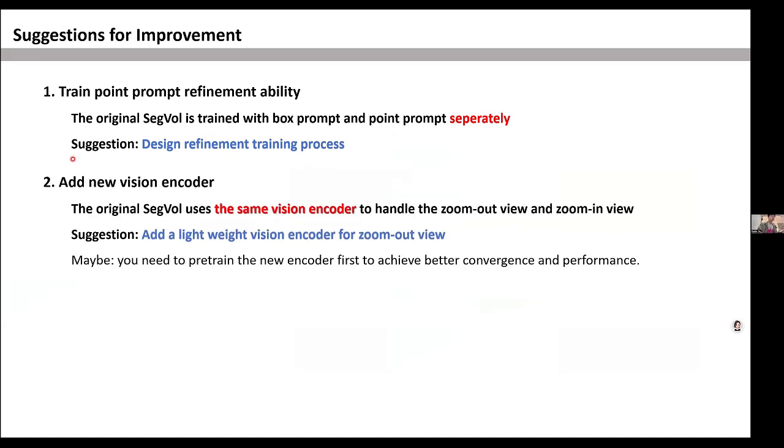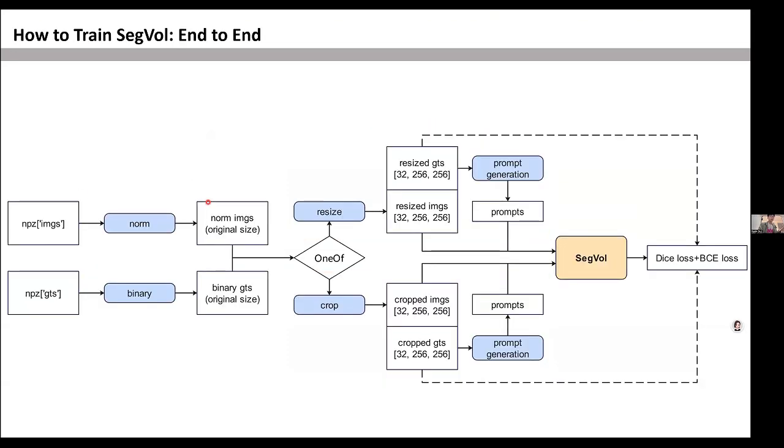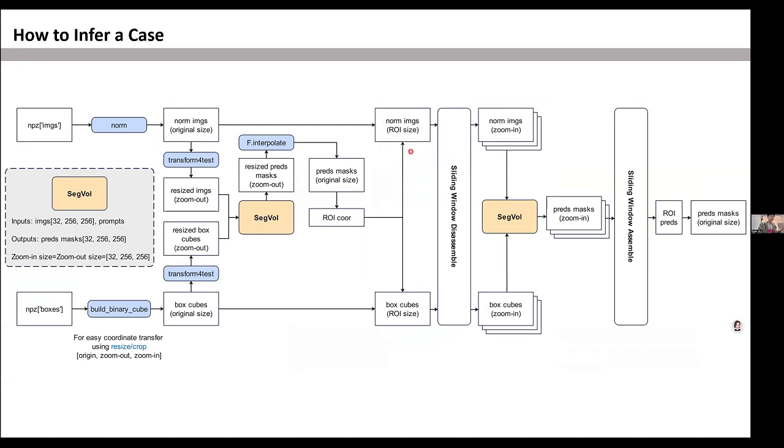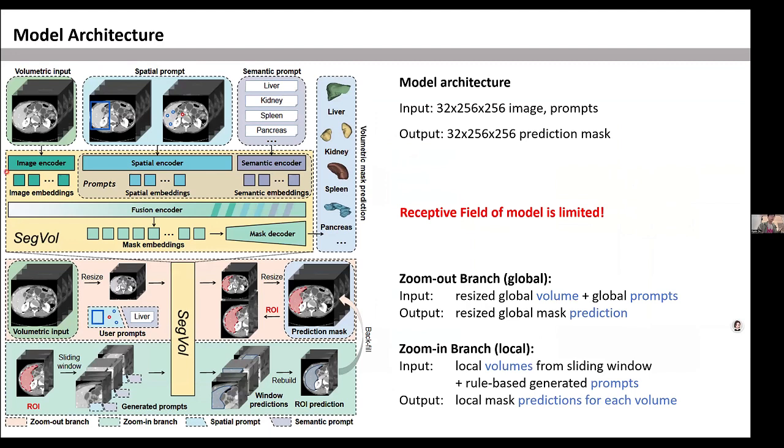And the second suggestion is something I really want to do, but I have no time. So I think you can try it. You can add a new vision encoder in the SegVol. You can see here, the SegVol handles two situations. The zoom out situation is transformed by the resize operation, and the zoom in situation is transformed by the crop operation. But we apply these operations all in the same 3D ViT.